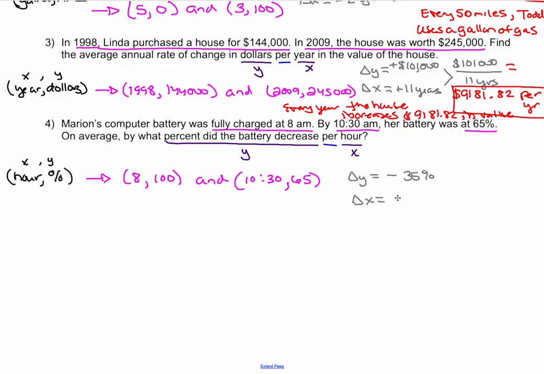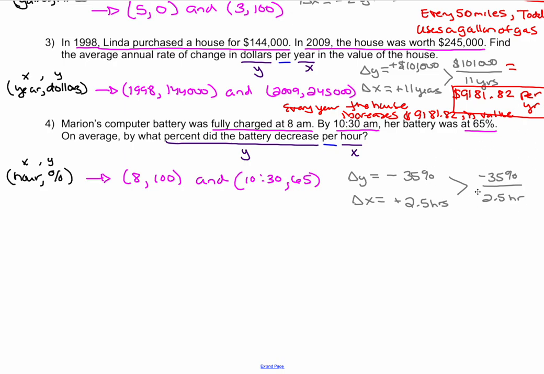So we would write this as plus 2.5 hours. Now our change in y over change in x would be negative 35% divided by 2.5 hours. That's how we would write our slope.